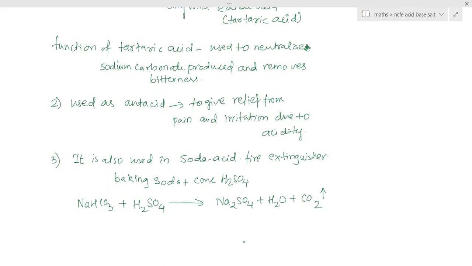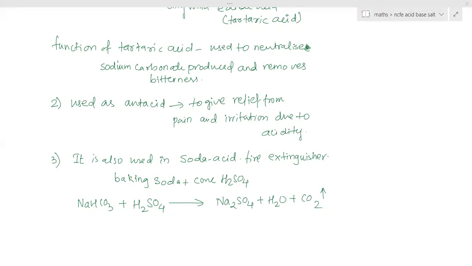Soda acid fire extinguisher has two components. One is the soda, that is baking soda, and the second one is sulfuric acid. We have seen that when acid combines with sodium carbonate or any metal carbonate, it produces metal salt, water, and carbon dioxide.